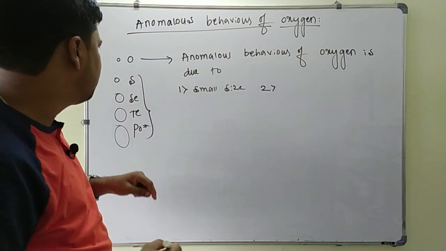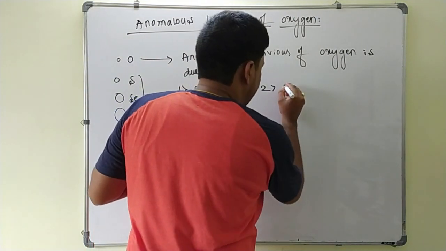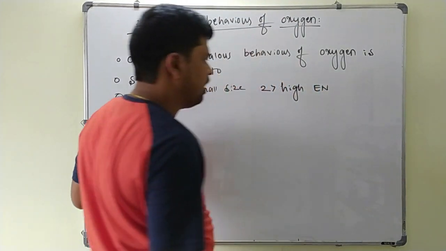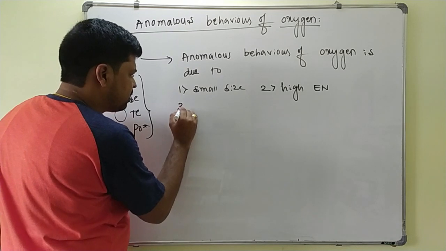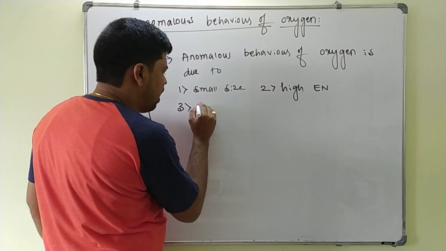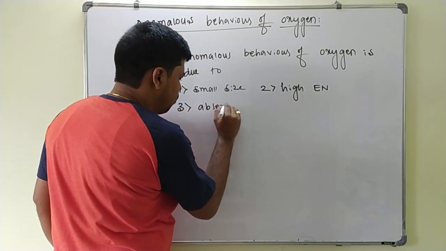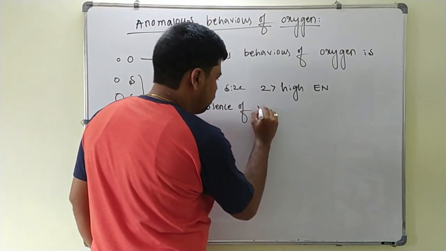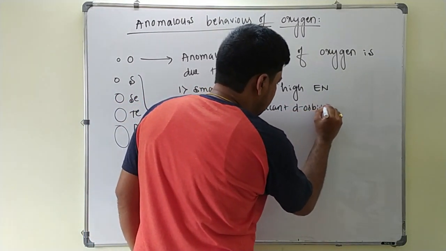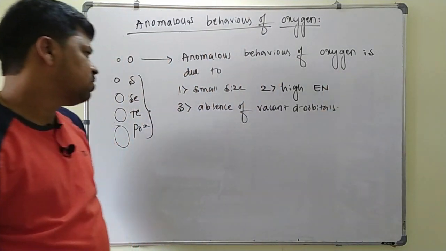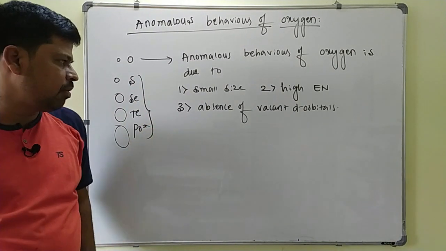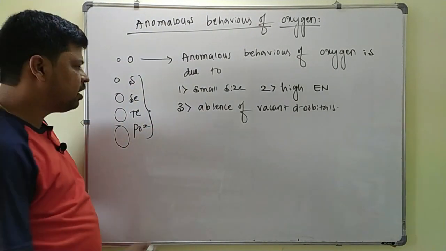So you have to remember all these points. So the second point is its high electronegativity, EN, and the third point is it does not have any vacant d orbitals, due to absence of vacant d orbitals. Because of these three reasons, oxygen shows different properties than the remaining members of group 16.